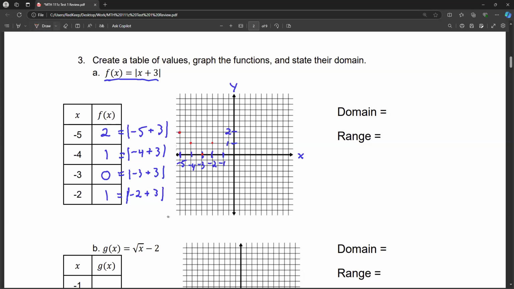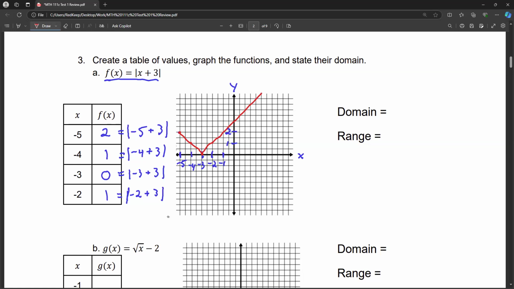Let's see here. I'll try my best to draw a straight line between these points, connecting all of them, and try to extend that line off as far as we can tell.